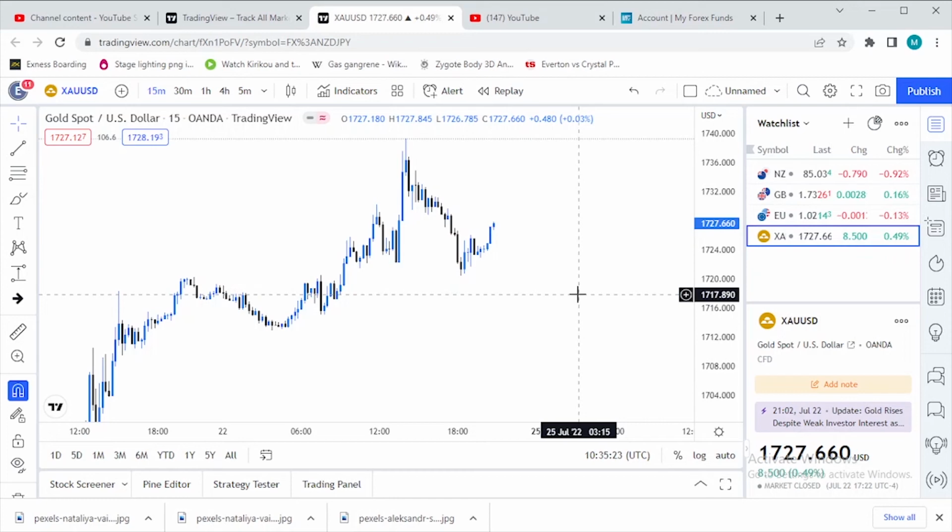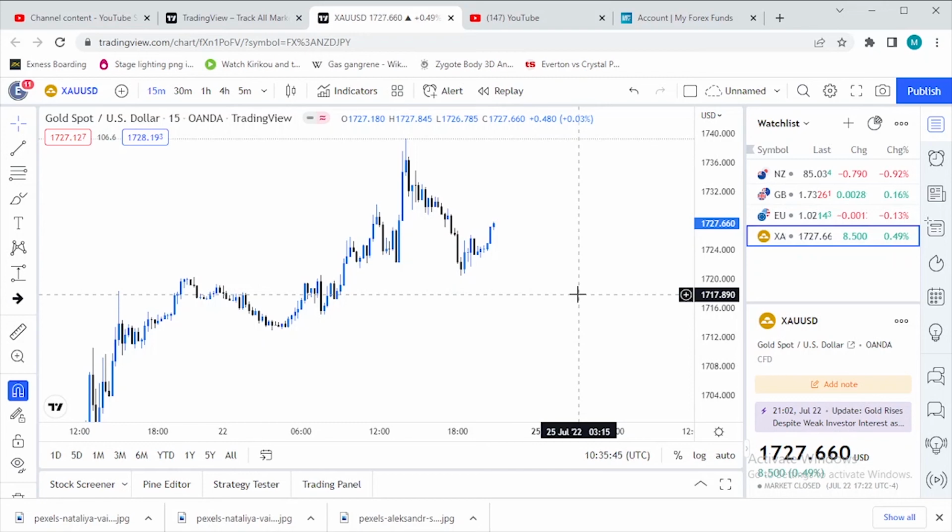You can have a fair mental idea by knowing that if you're on the least lot size, that's 0.01, each pip movement is going to give you $0.10. If you're on a 0.1, each pip movement is going to give you $1. And if you're on a standard lot size, that is 1, each pip movement is going to give you $10.